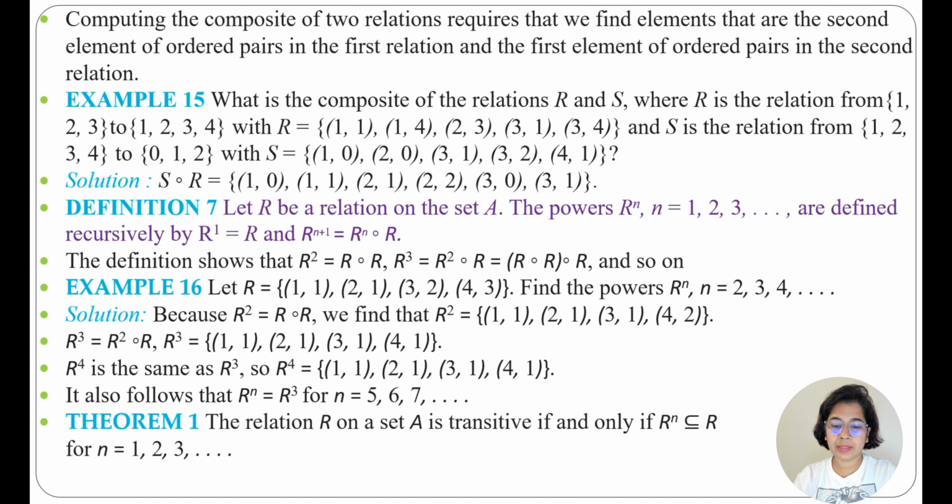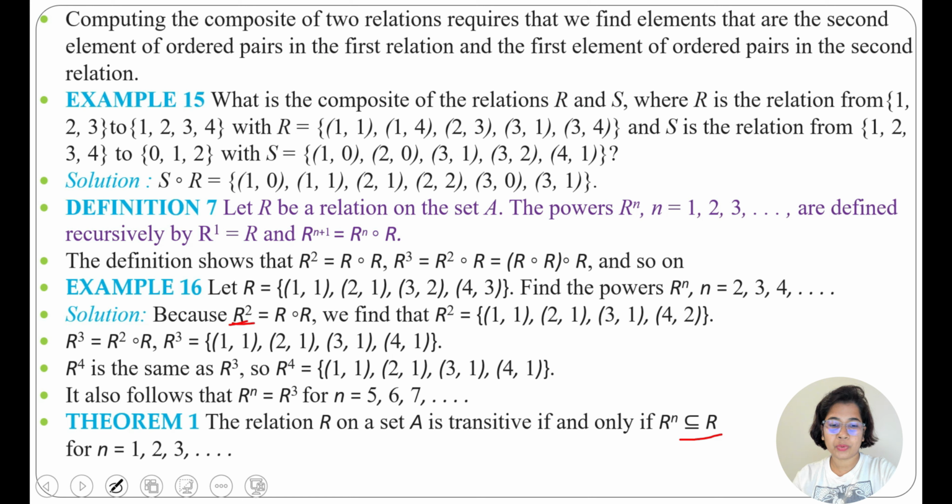Next, theorem 1. The relation R on a set A is transitive if and only if R^n is a subset of R for n being any positive natural number like 1, 2, 3. So if R^n is a subset of R, then we can say R is transitive. Now just check in this example.